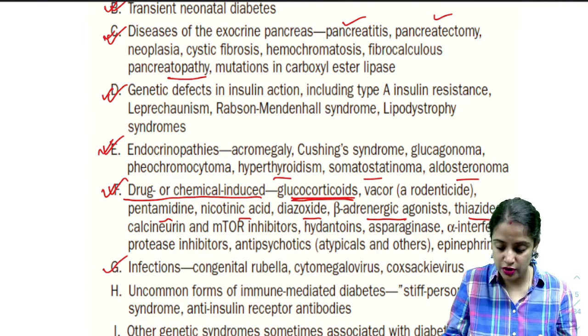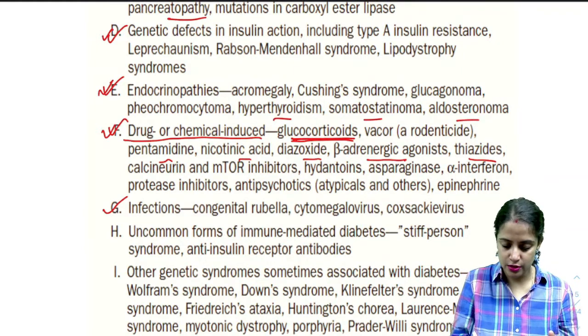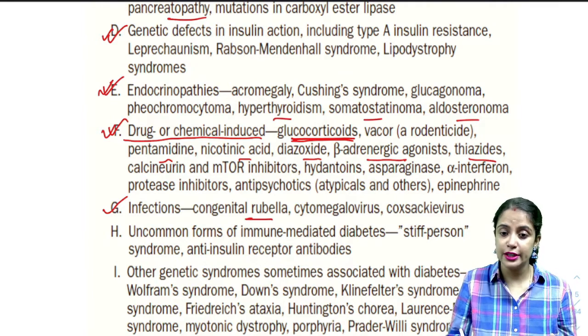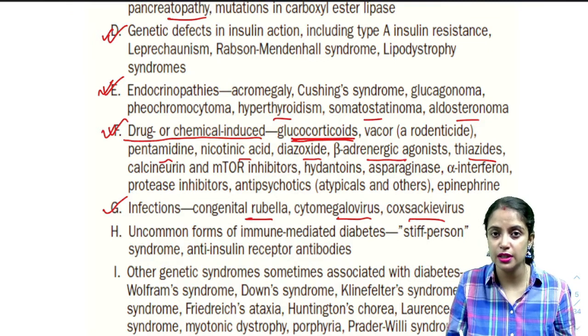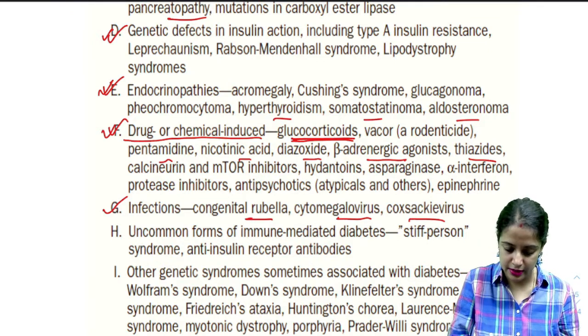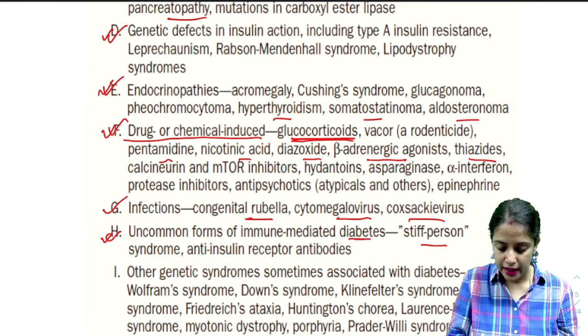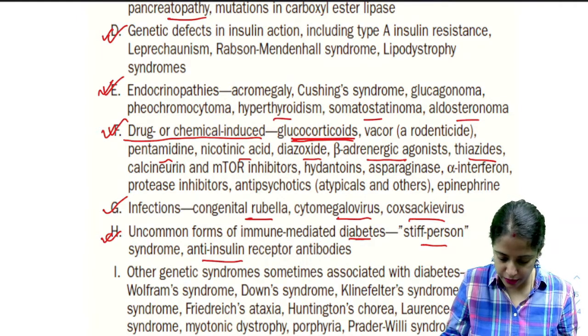Certain infections, as environmental factors, also play an important role in the development of diabetes, like congenital rubella, cytomegalovirus, and Coxsackie virus infections. Certain uncommon forms of immune mediated diabetes, like stiff person syndrome and anti-insulin receptor antibodies, are uncommon causes of diabetes.